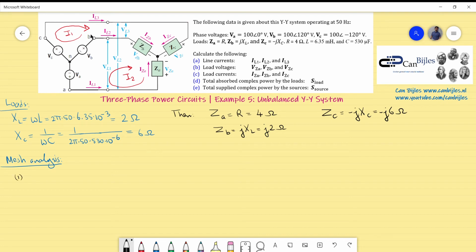I can start at any point I want, and I have to come back to the same point. If I start at point A, I will have VB minus VC, and then the summation of ZB and ZC times this current I1, because it is our orientation, but minus ZB times I2, because it is in the opposite direction.